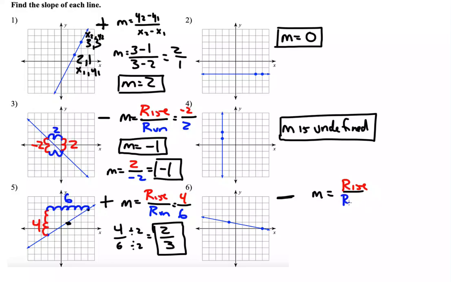Rise over run. Okay, and what is my rise? Well, from here to here, I'm going down, so it's actually -1. And then my run from here to here is, from here I go over 1, 2, 3, 4, 5.